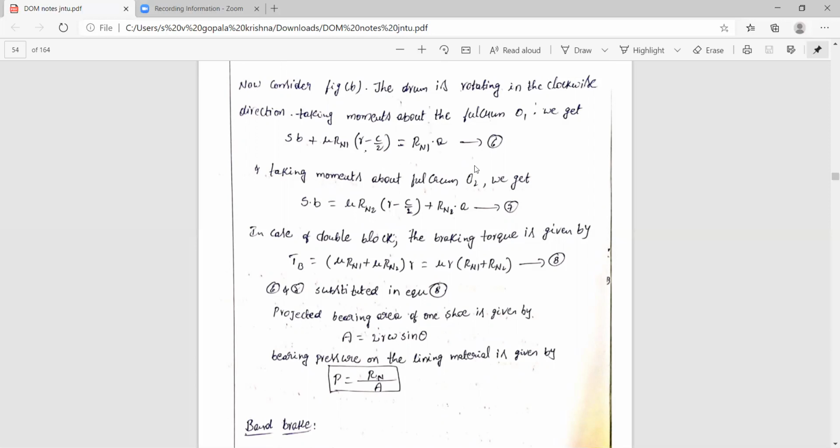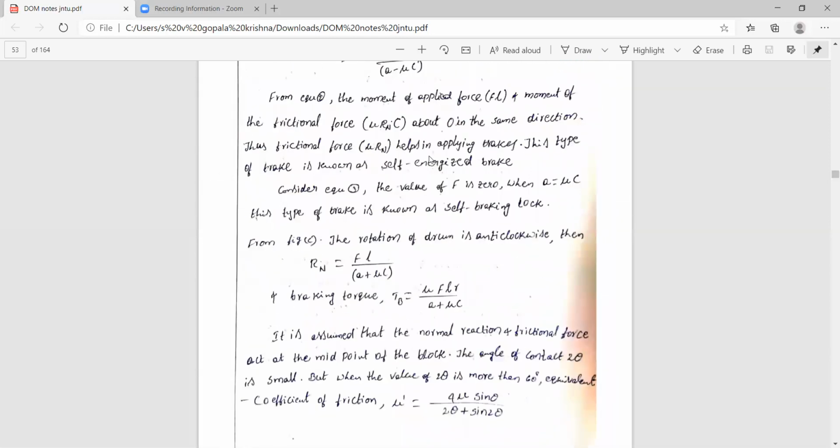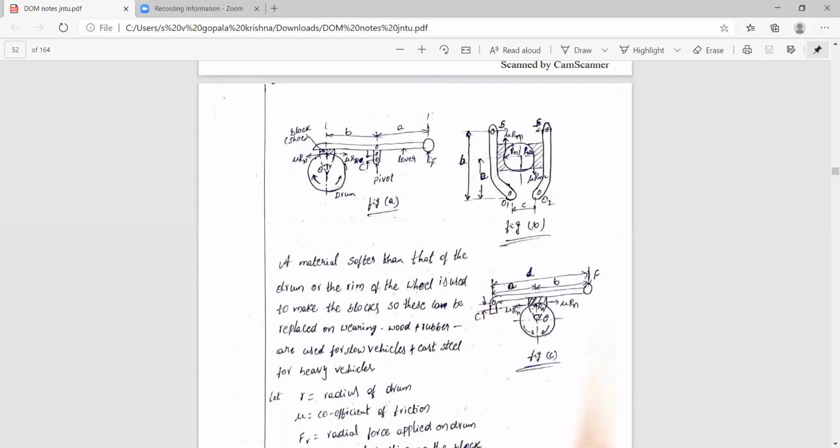The forces are the applied force S, mu Rn1 the frictional force, and Rn1 the normal reaction. Their distances are B and A, and for the frictional force we write r minus C by 2, the distance from mu Rn1 to O1.